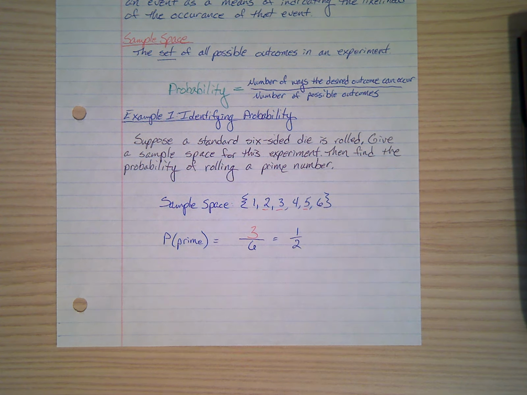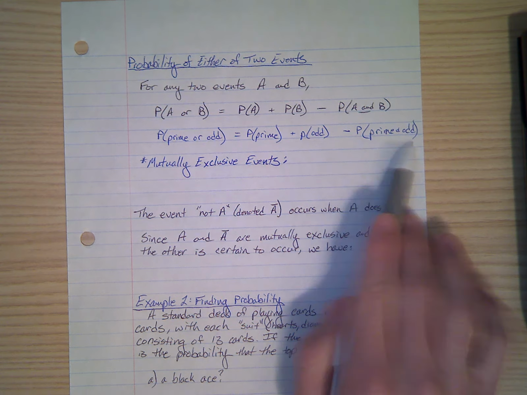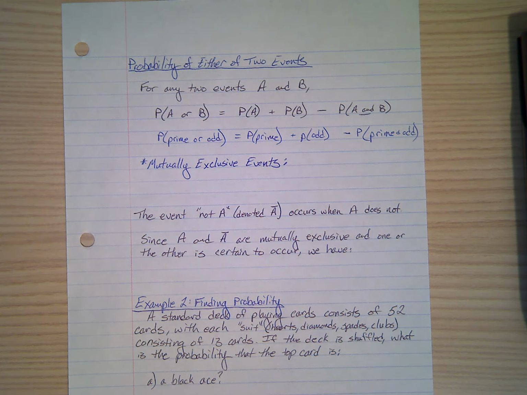So you'd actually subtract the probability of getting any prime and odd numbers. Does that make sense? This just means make sure you don't count things twice.